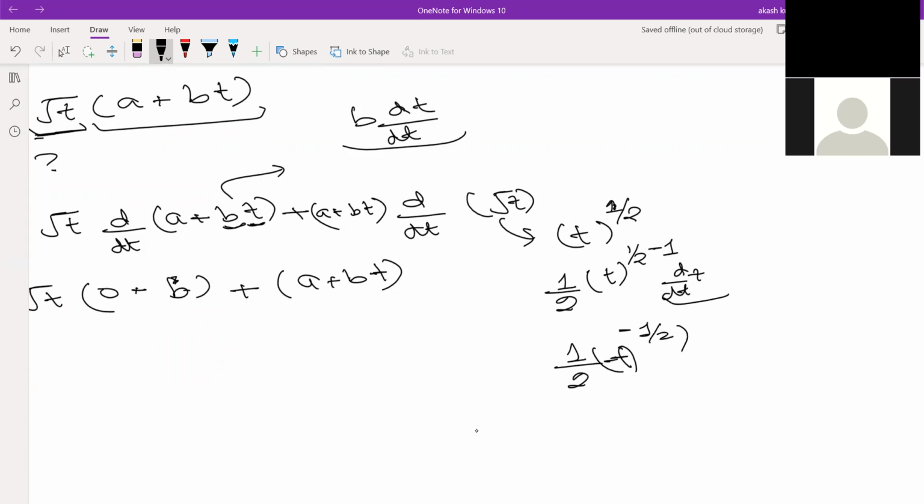The derivative of a function with itself is 1. So it will be 1 over 2 square root t. Why square root t? Because there is t to the minus half, and if we want a positive exponent, we bring it down, so t to the half, and t to the half is equal to square root t.